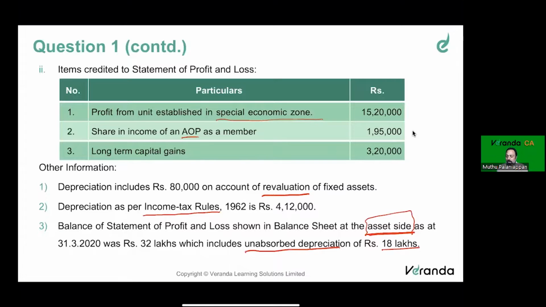So whatever has been in the books, it is not related to your income tax depreciation. It is basically related to your book depreciation. What is the loss due to depreciation? That is what is given in the another information.